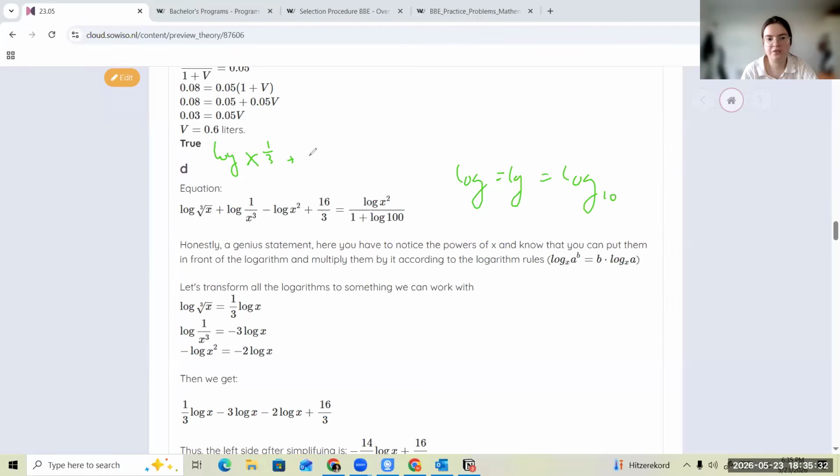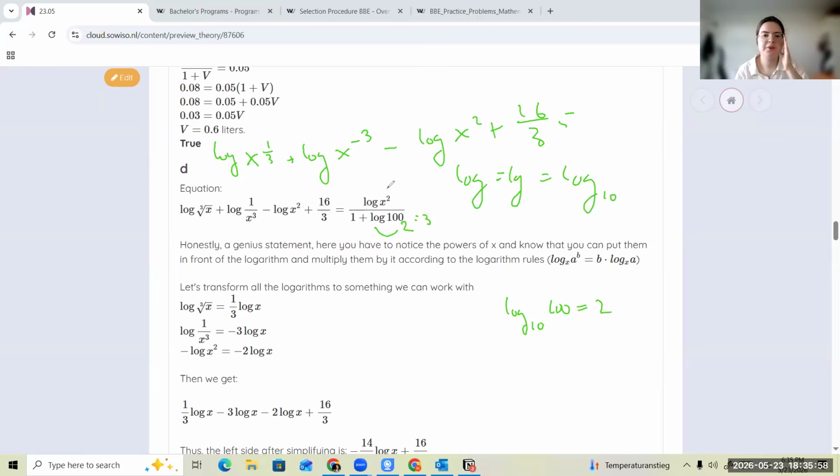And then we have log x to the power of -3, minus, and here we just keep it the same, log x^2, plus 16/3 is equal to this. And this part is just log base 10 of 100, which gives you 2. So 1 plus 2 is equal to 3. And here we keep the logarithm.